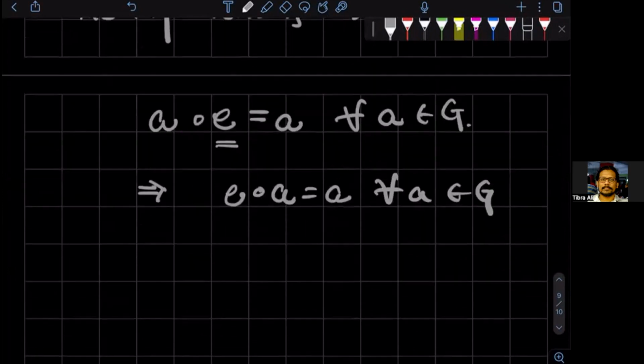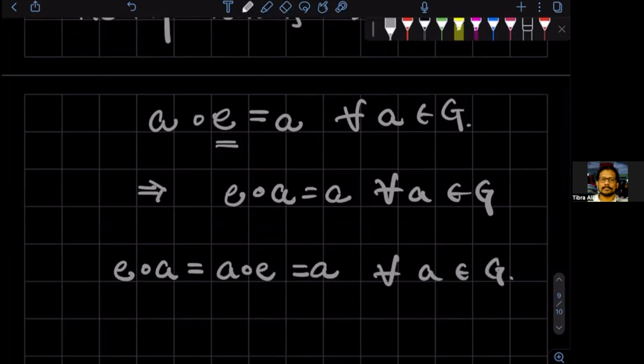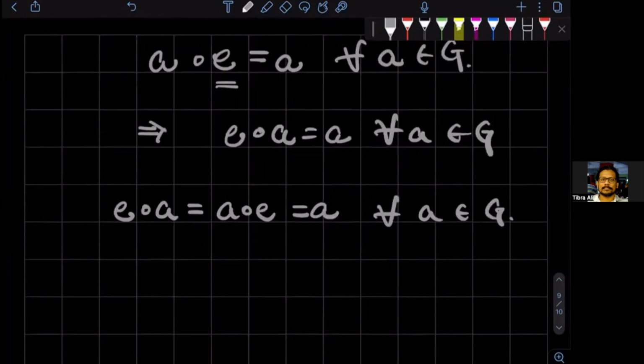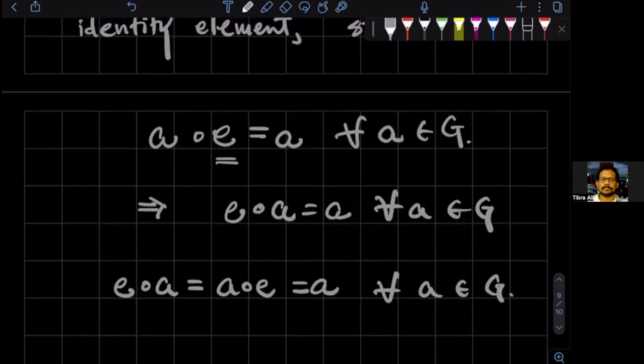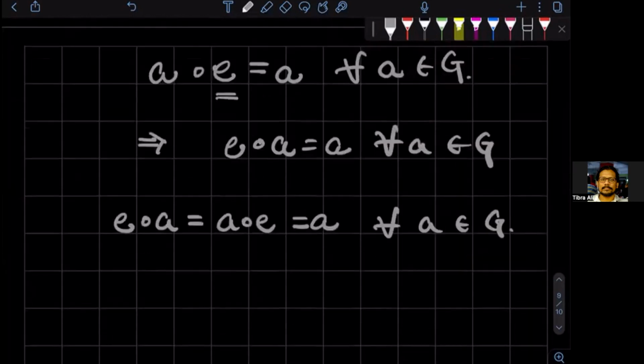So the identity actually satisfies this for all A. Okay. So the right and the left identity are the same. So this will be probably one of the homeworks I'm going to give you. So that was number 3.